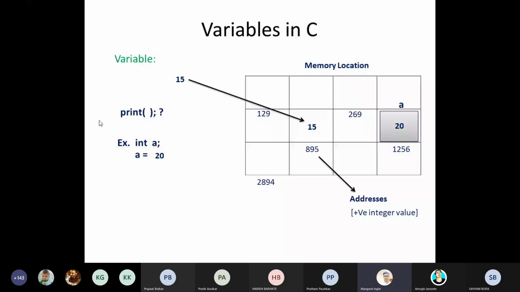If you want to access or print that value, you don't need to call the value. You need to call only the identifier. So print a. Once you call that identifier, you get whatever value is stored, whether a number or a string. A string means a combination of characters, like your name.